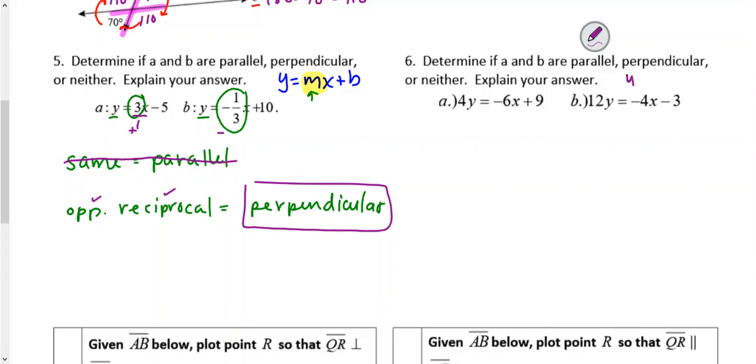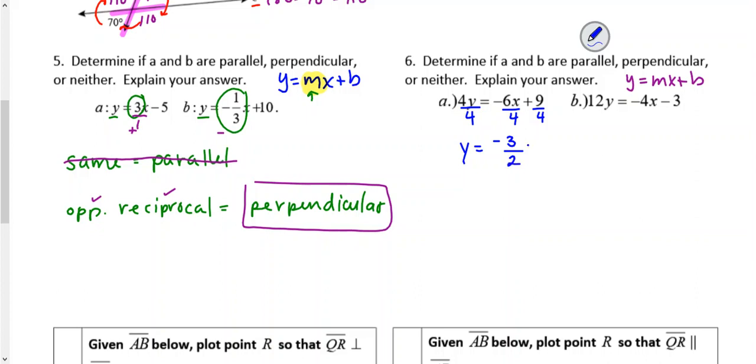Number 6, if we're still looking at y equals mx plus b, we need y by itself. So for A, I'm going to divide everybody by 4. And I get y equals, again, use your calculator, use Desmos, simplify the fraction.